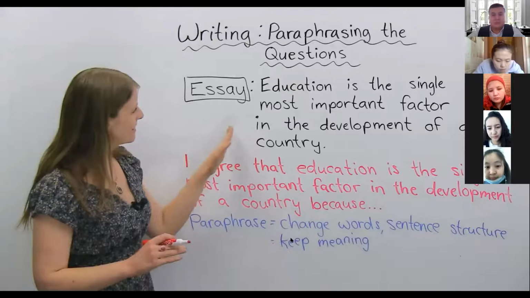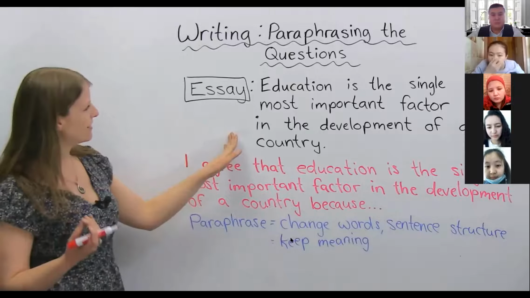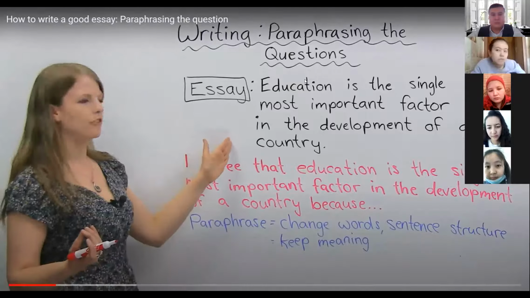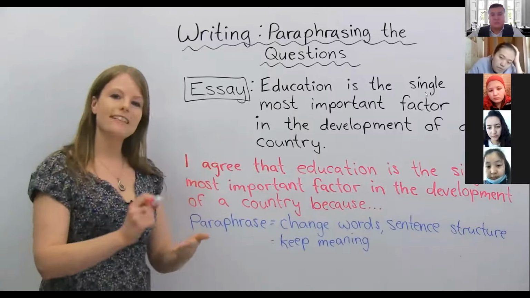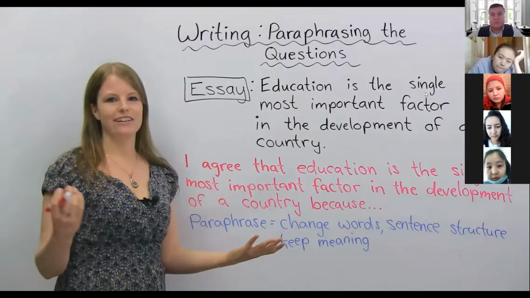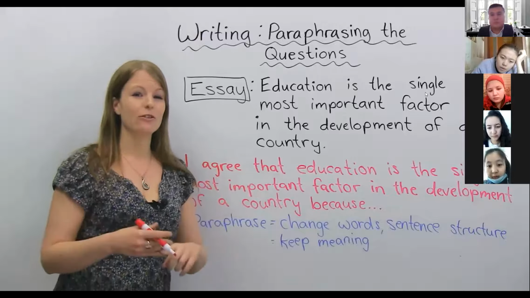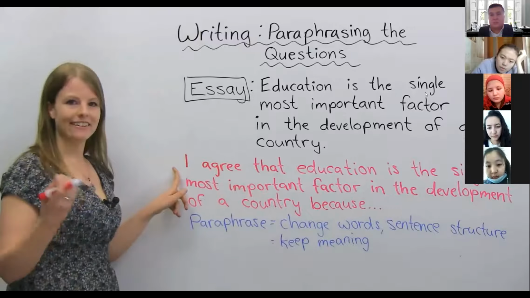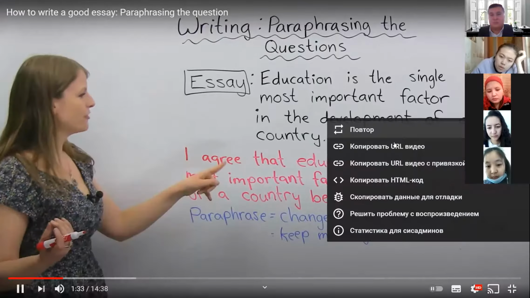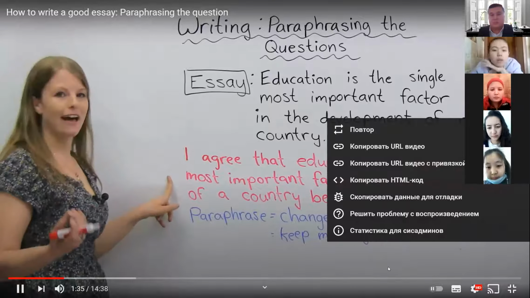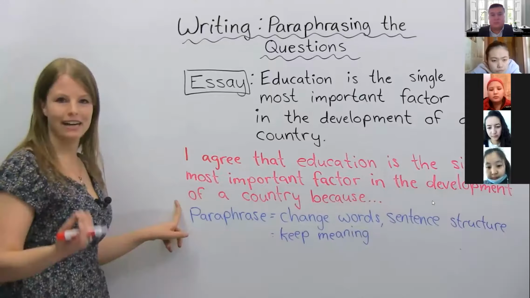They see this and they think, okay, education is the most important factor in the development of a country. Yes, I agree, or I disagree, and they start writing. And what do they write? Usually the very first thing students will write is this: I agree that education is the single most important factor in the development of a country because.